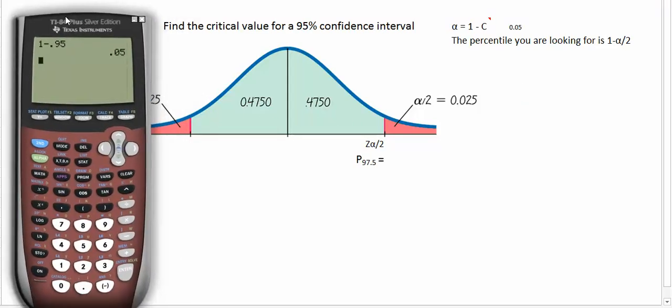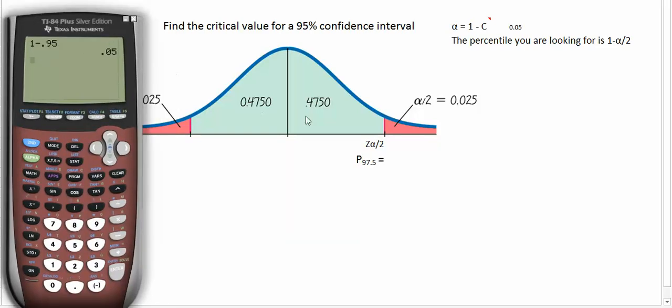So if I want to figure out what percentile I need in order to do my critical value, I simply just take 1 minus 0.05 divided by 2.